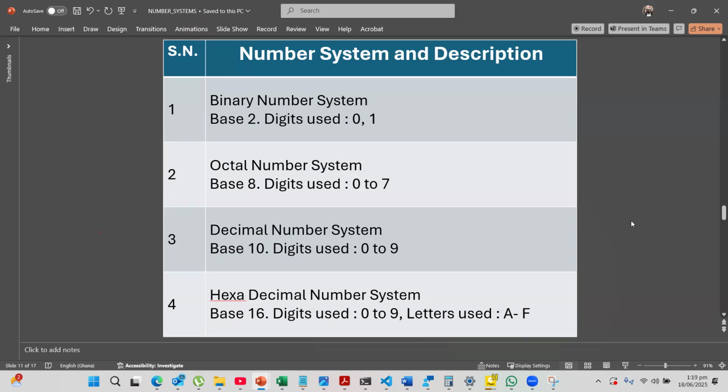So let's understand some things. Whenever I say something is a binary number, then it means I'm talking from 0 to 1. Whenever I say something is an octal number, then that means I'm talking from 0 to 7. When I say the thing is decimal, then I'm talking from 0 to 9.